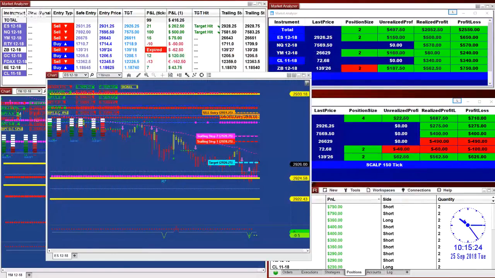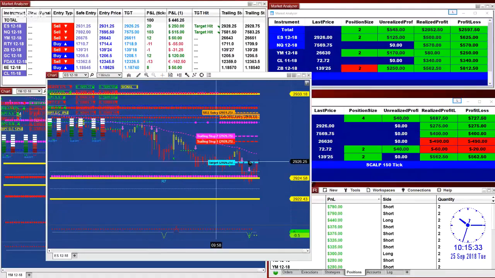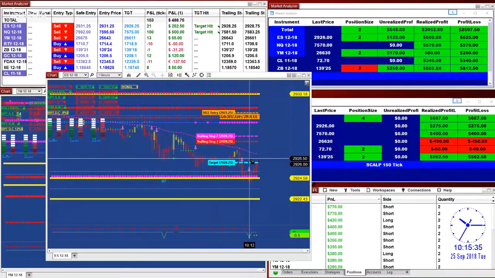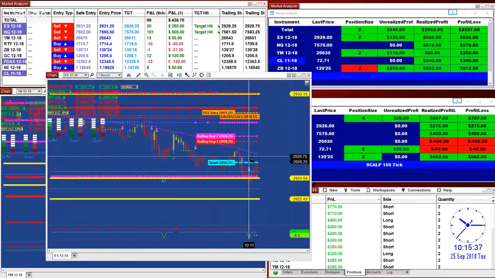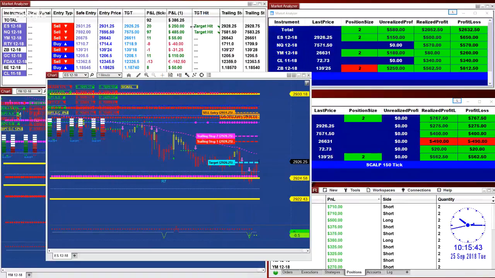99.9% of all the auto trades, from us or somebody else, work this way. On that one here, when we took the short trade and nailed it, if we look at this market analyzer, we're still on that trade.